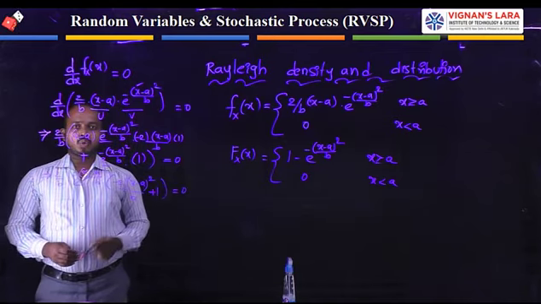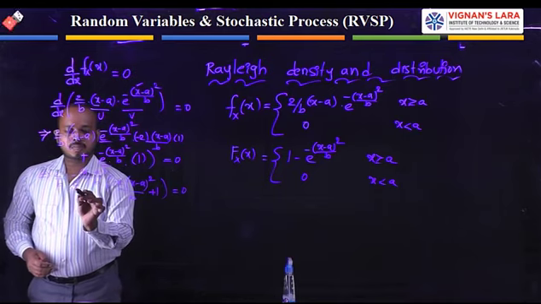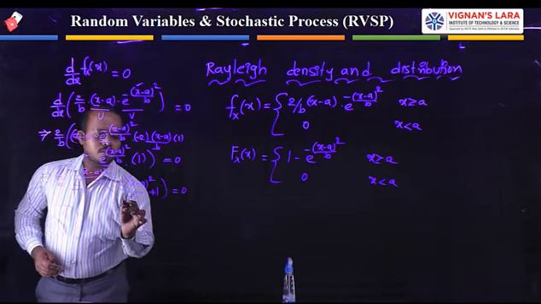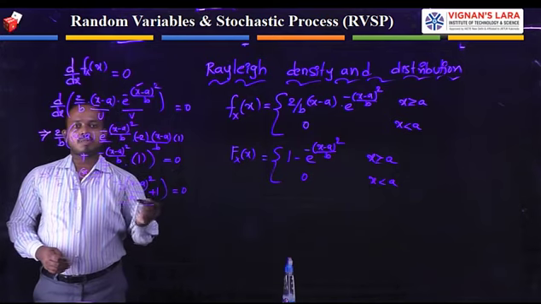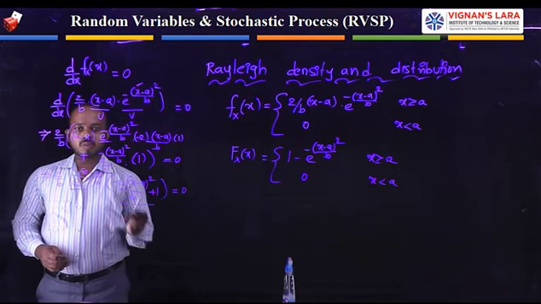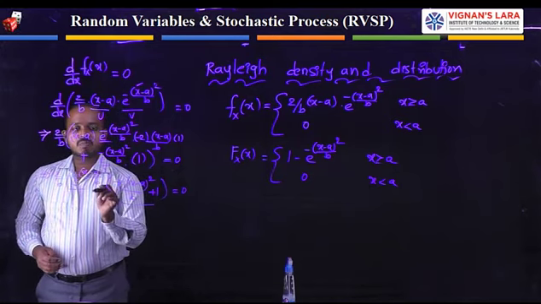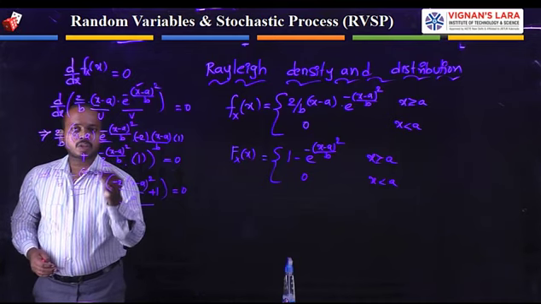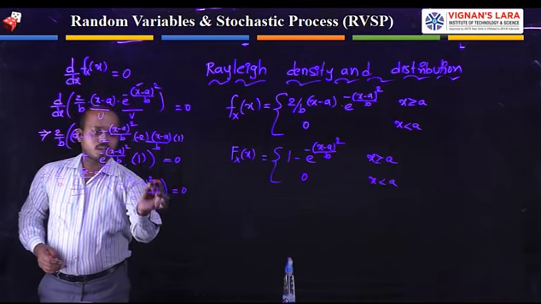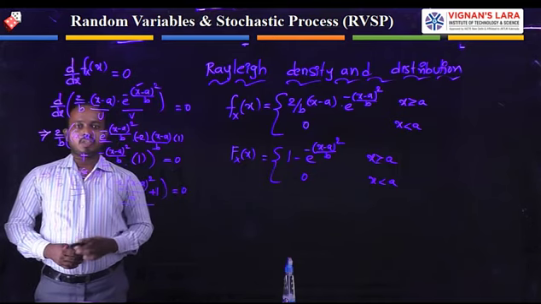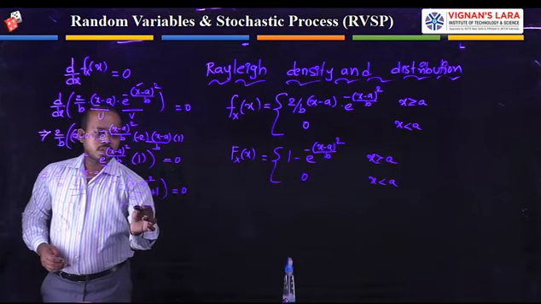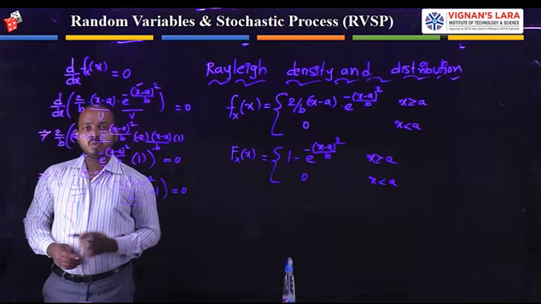Here we have two factors. One term is exponential and the second term has the variable in terms of x. We can find the roots of these. We can equate the exponential term to 0, otherwise we can equate the second term to 0. For my convenience I make the second term equal to 0.